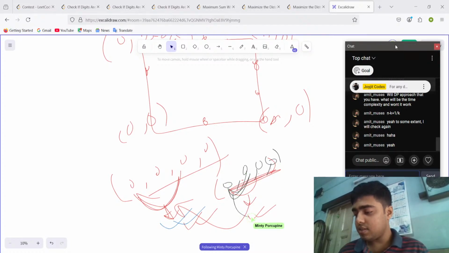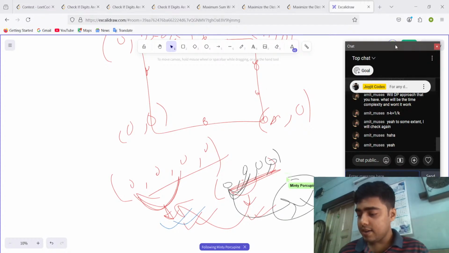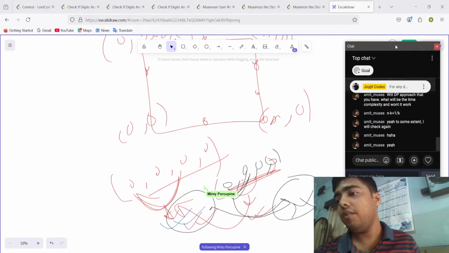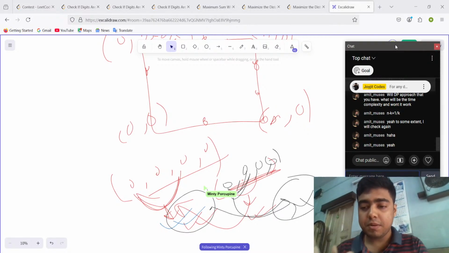If this value is greater than this blue value, we take the greater value. So we have to find the maximum of the minimum distance.